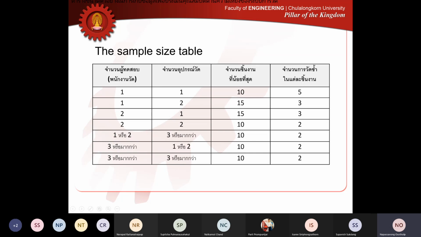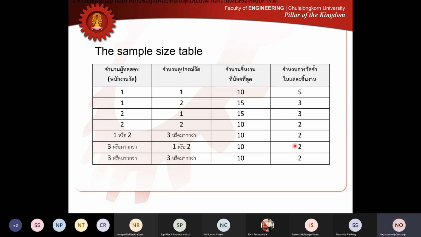For example, suppose we have 3 operators, and we are appraising, for example, 1 or 2 measurement devices. In this case, suppose we have 1 device, so we have to collect 10 parts and then do 2 replications.